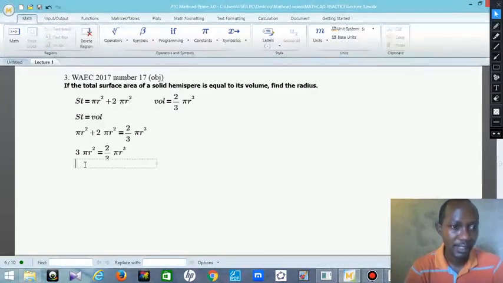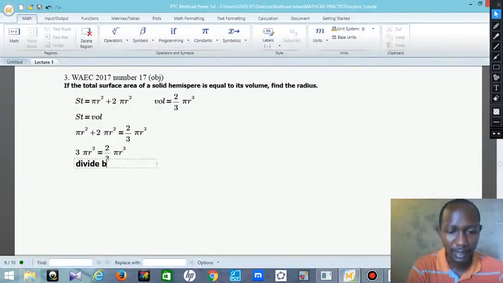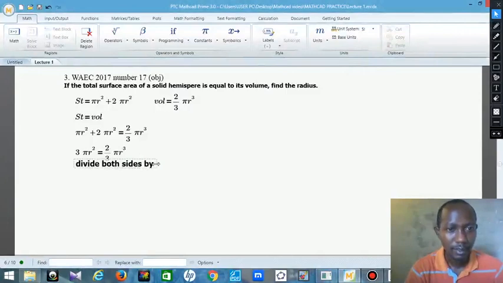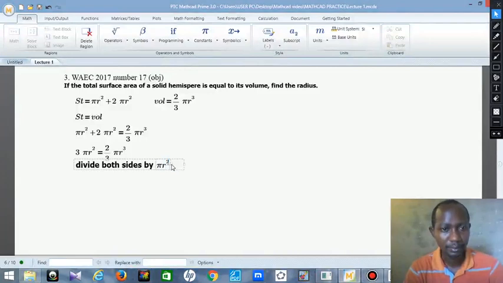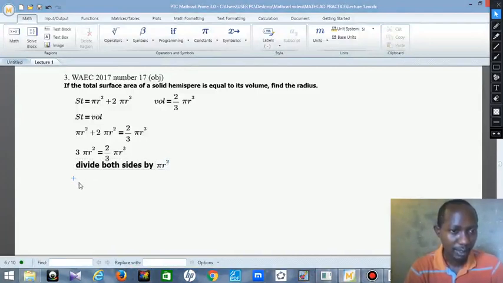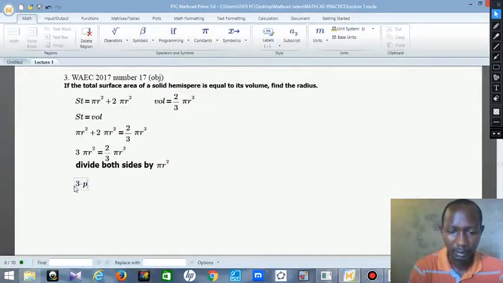Means we are dividing both sides by pi r square.